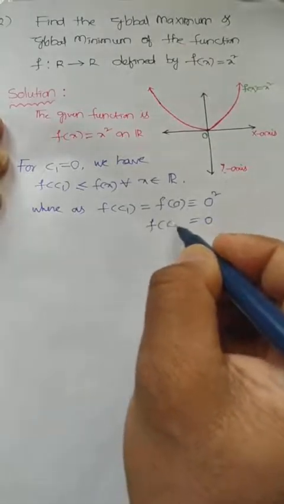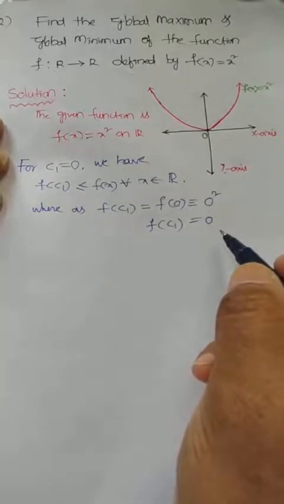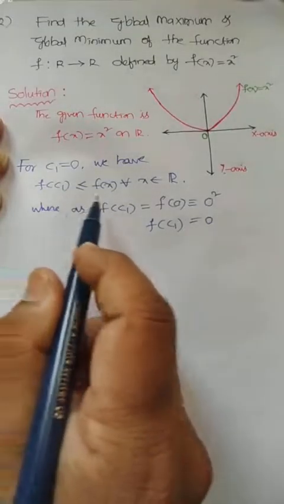Therefore f of c1 is 0, and it follows the global minimum condition.